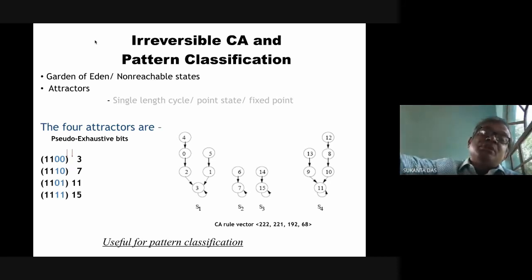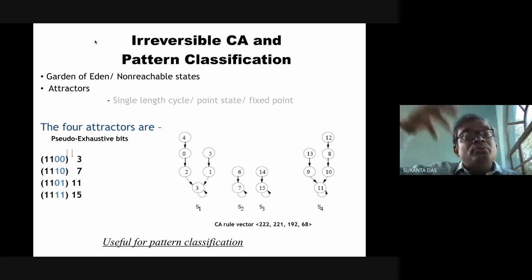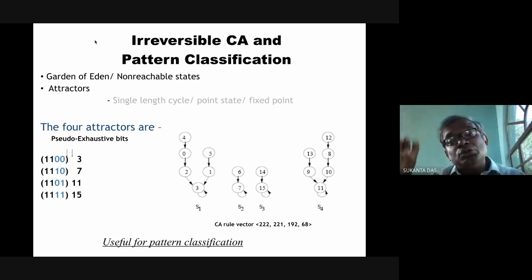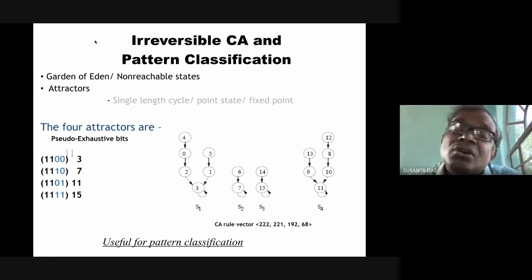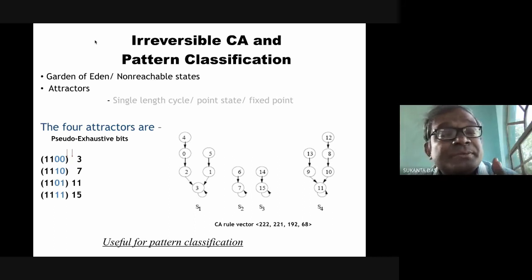When a new pattern comes to your system, you have this old information. Based on that, you declare the new pattern, whether it is of class 1 or class 2 or of other class.